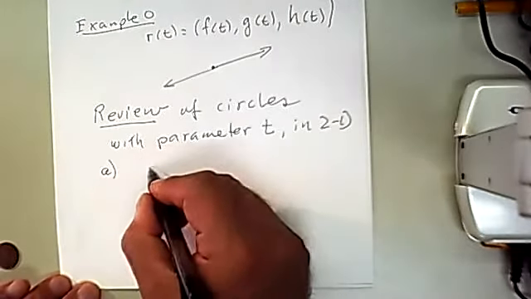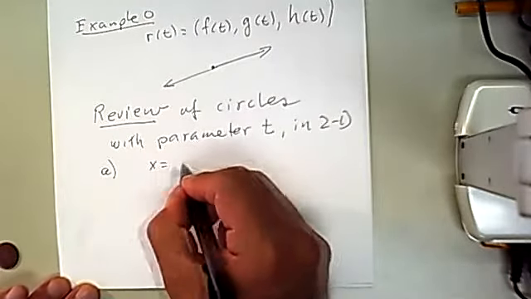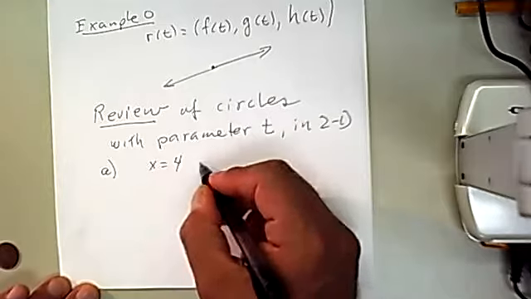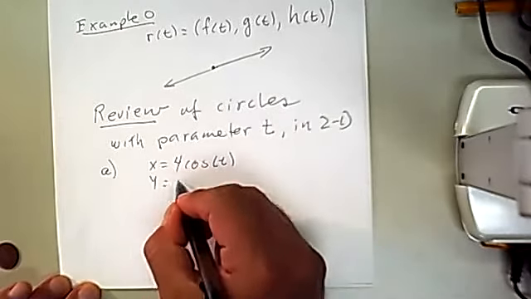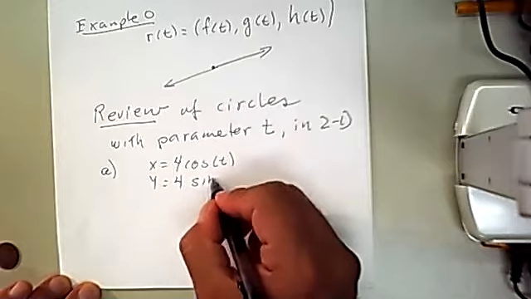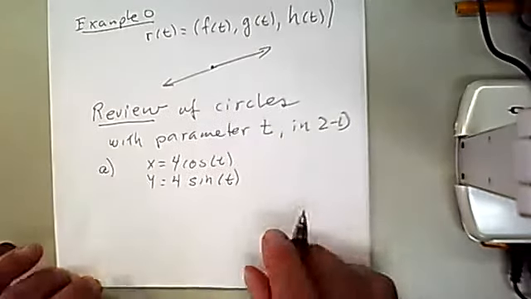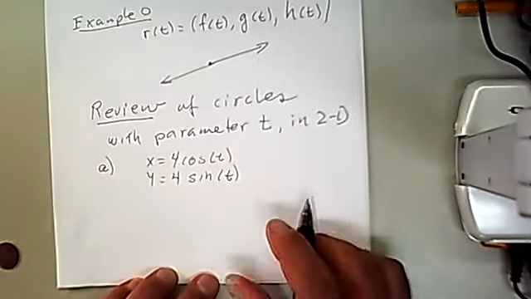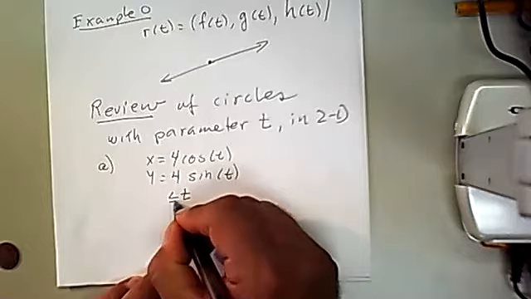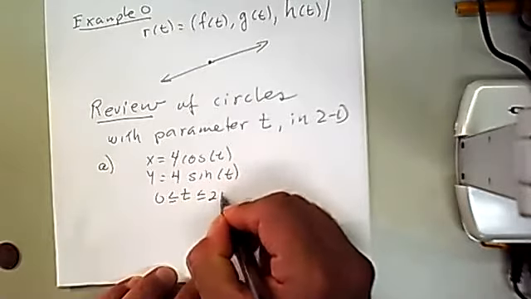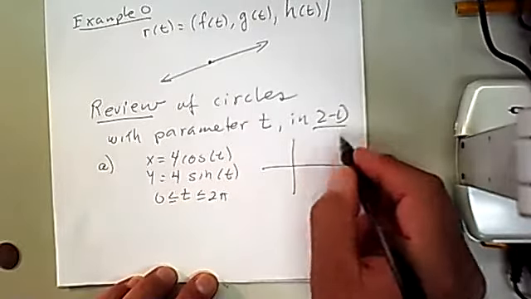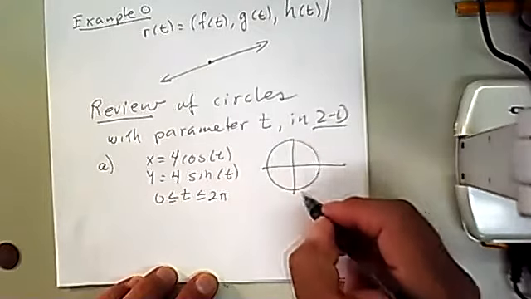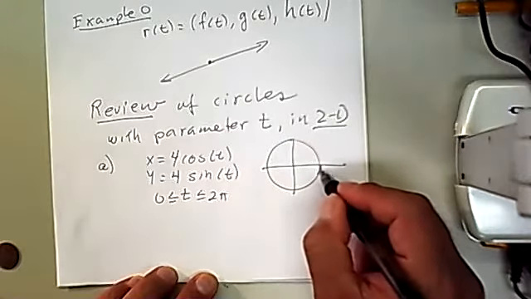Example A: if we have x equals, say, 4 cosine of t, and y equals 4 sine of t, well, we're familiar with this graph. As t goes from 0 to 2 pi, we have, of course, in 2D, a circle of radius 4.